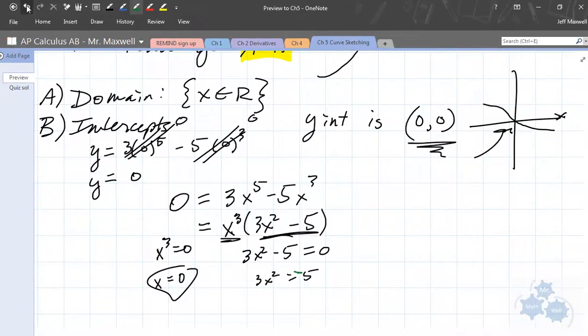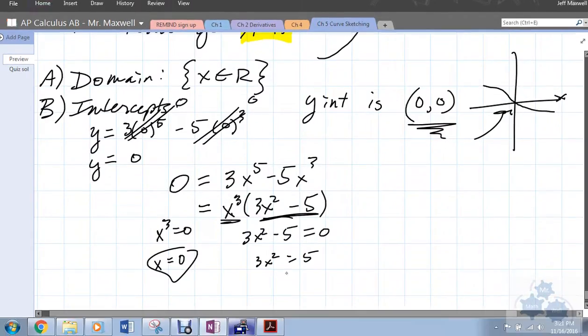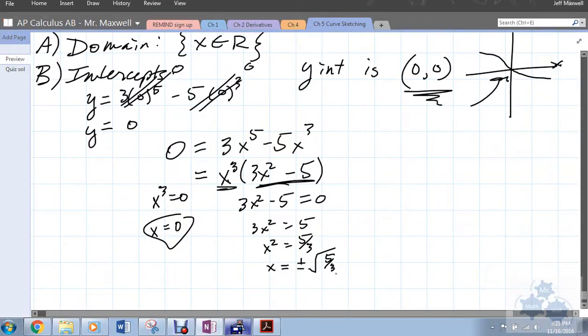That's not the case. So we'll keep going. Can we solve for x here? Sure can. X squared equals 5/3. X equals plus or minus, make sure that you do plus or minus when you take the square root of something, root 5 over 3. And for now, I'll just let you leave it as root 5 over 3.